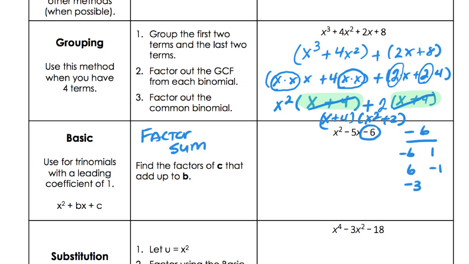We have -3 times 2, and we have 2 times -3, and then you just start adding. Now the one that you're interested in is the one that's going to give you the middle coefficient. In this case, it is -5, so we lucked out. The first two factors gave us a -5, so the factors are x minus 6 times x plus 1.